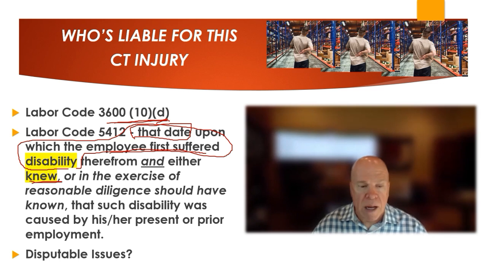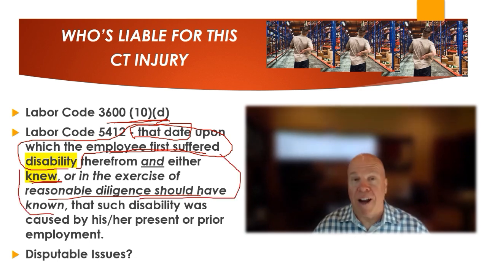And then the employer comes back and says, oh, come on, within reasonable diligence, any person should have known that that cough, that skin cancer, that bad medial epicondylitis condition, you should have known. You should have known that. And the injured worker comes back and says, nope, I'm just a layperson. I'm not medically trained. I didn't know. And you can see that this is an area of great dispute, okay?